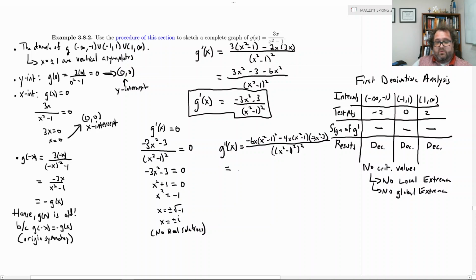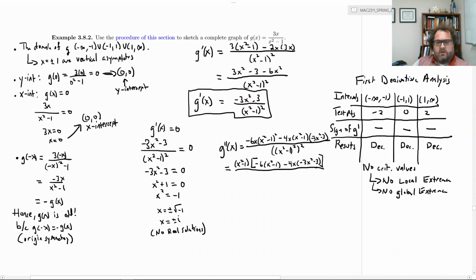So g double prime. Let's do some factoring. Notice that we can factor out an x squared minus 1 from both terms on the numerator. So I can factor out an x squared minus 1, and then it'll leave me some brackets with negative 6 times x squared minus 1 minus 4x times negative 3x squared minus 3.